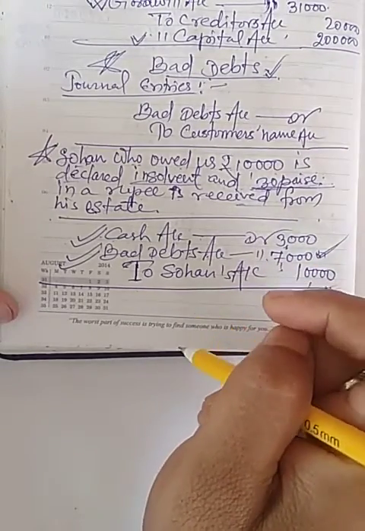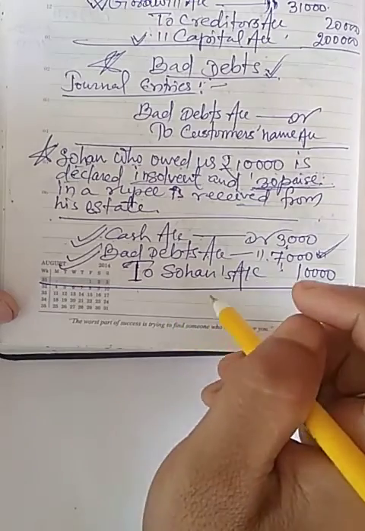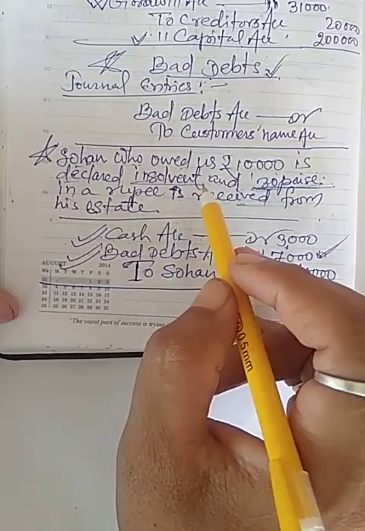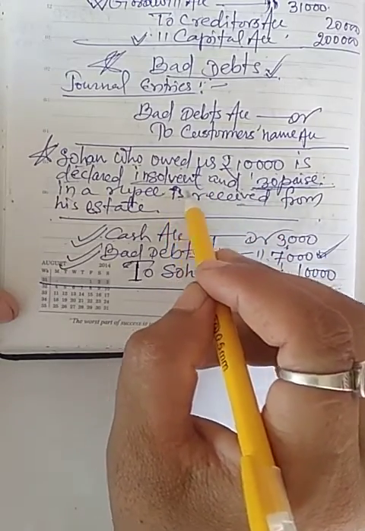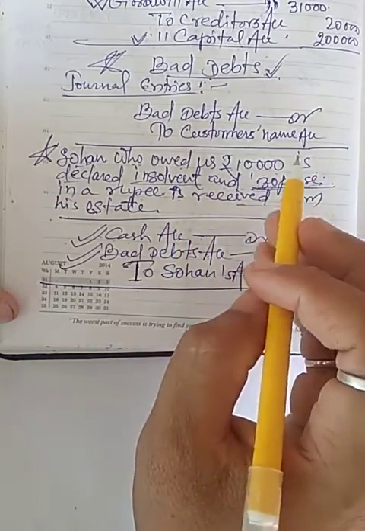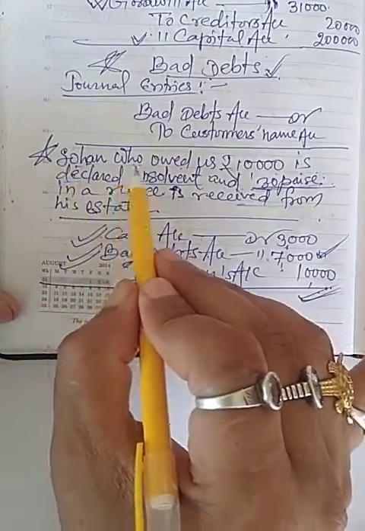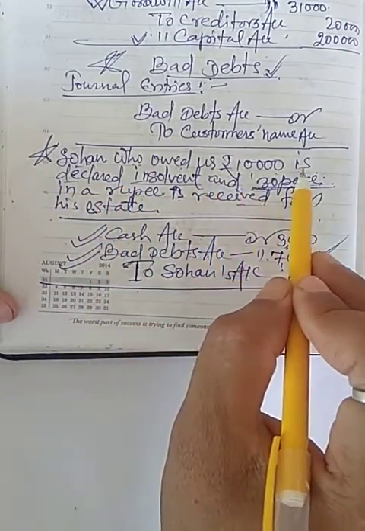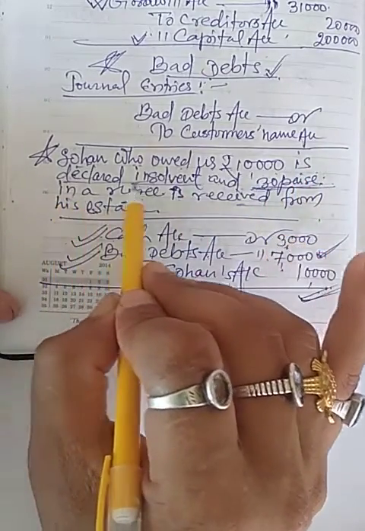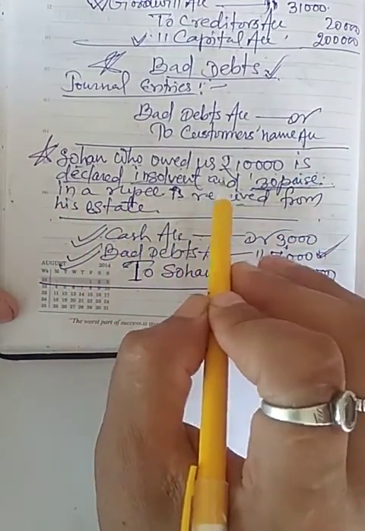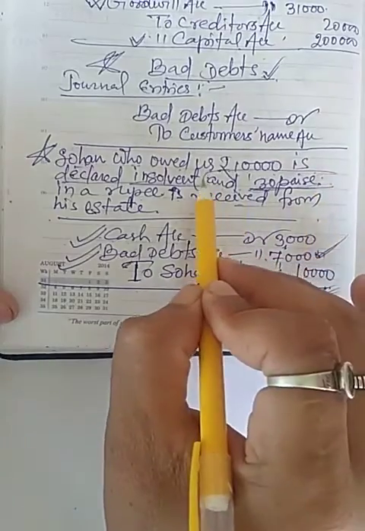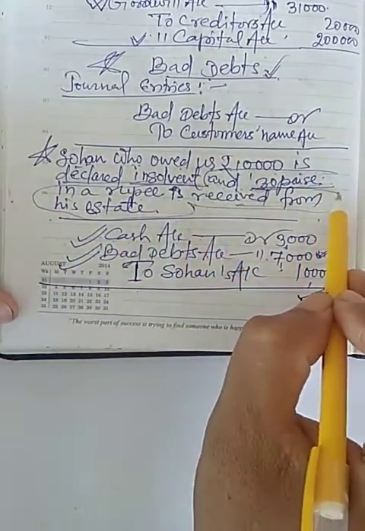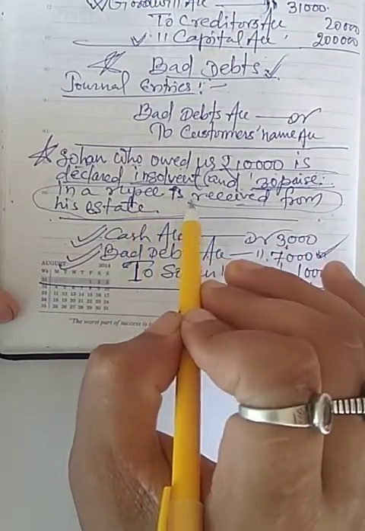Now see, when the total amount is irrecoverable, only if the question says Sohan, who owed us rupees 10,000, is declared insolvent, and this statement is not given in the question, then it will be more simple.